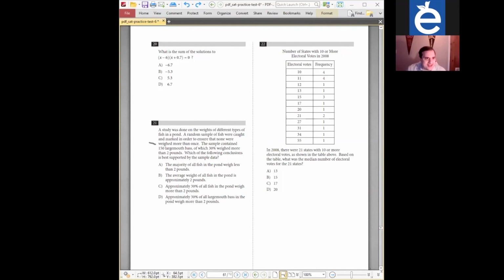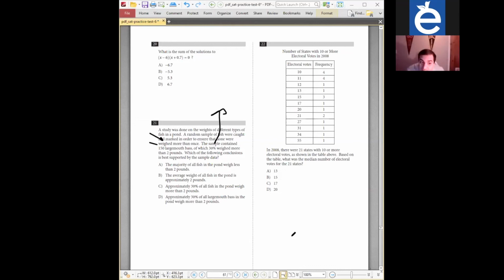Now, within that sample, though, there's 150 largemouth bass, and we isolated the largemouth bass and then said 30% weighed more than 2 pounds. So now, despite the fact that we randomly sampled everything, this conclusion is drawn only from the largemouth bass. So we could only apply that to the largemouth bass.